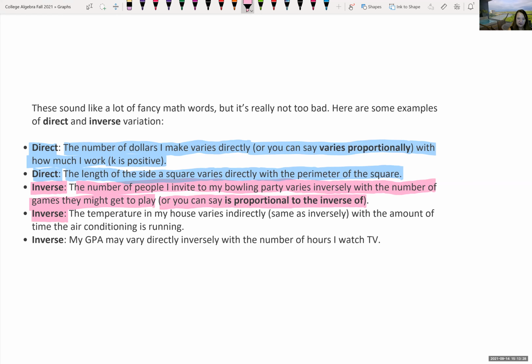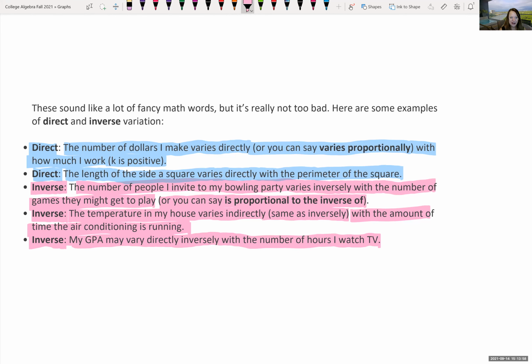Another example of the inverse correlation is the temperature in my house varies indirectly, same as inversely, with the amount of time the air conditioner is running. And last example, inverse, my GPA may vary inversely with the number of hours I watch TV.